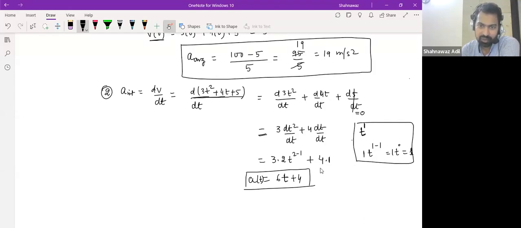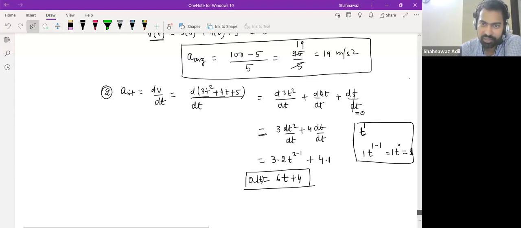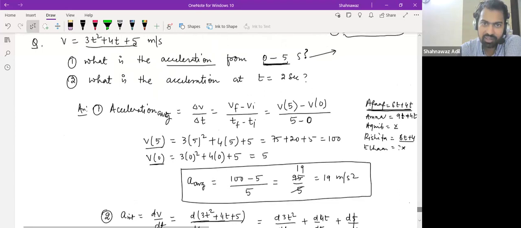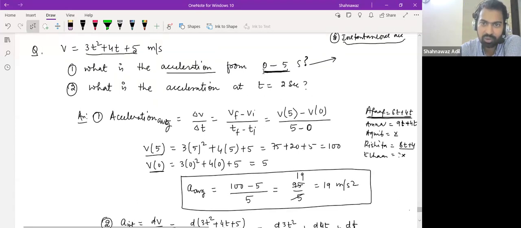Yes, it is clear. So the acceleration is varying like this, right? In the question, sir, can you explain the average acceleration? Okay. For the average acceleration, you calculate it when they ask you about the acceleration throughout the journey.